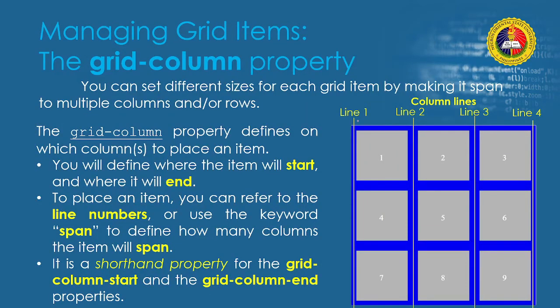Okay. Alright. So this time, we are going to manage our grid items. Now, same thing that we always did a while ago. Atong sa example, gaya na, giyon sa nato pag set ang 5 nga mahimo siyang inana. So we're going to try it again this time. So the grid column property, basically you can set different sizes for each grid item by making it span to multiple columns or rows.